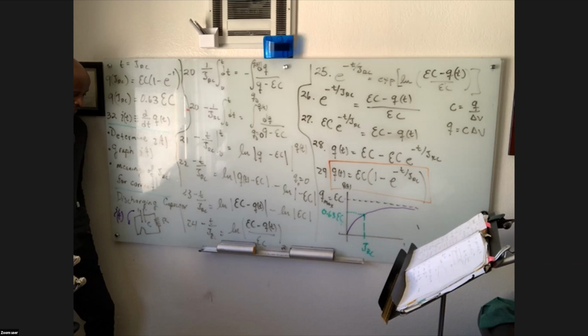The way that you solve that problem is to do exactly what we just did for the previous problem. Start by applying Kirchhoff's voltage rule to get a differential equation that you can solve, and then solve it just like we did by using separation of variables. Obviously you're not going to do all that during the break. What I want you to do is to focus on this right here.